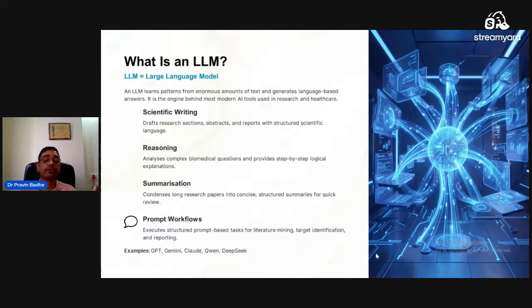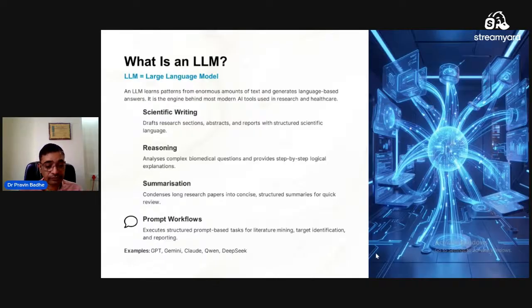It helps in understanding complex biomedical, life sciences, or pharma questions, and it can also give you step by step logical explanations, which is very important when you are trying to understand information in the public domain, or data which you got from your wet lab. So that reasoning power is there, along with summarizing long text content.